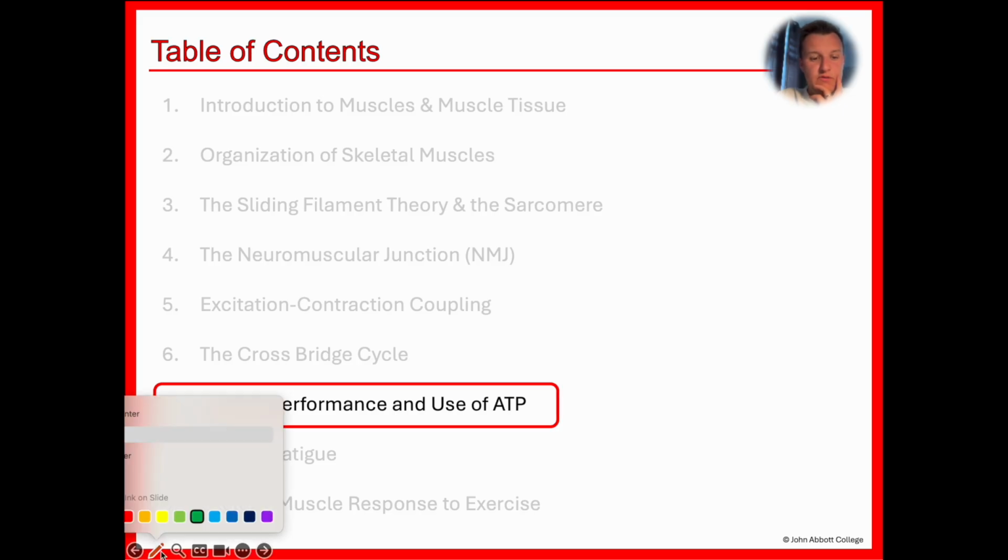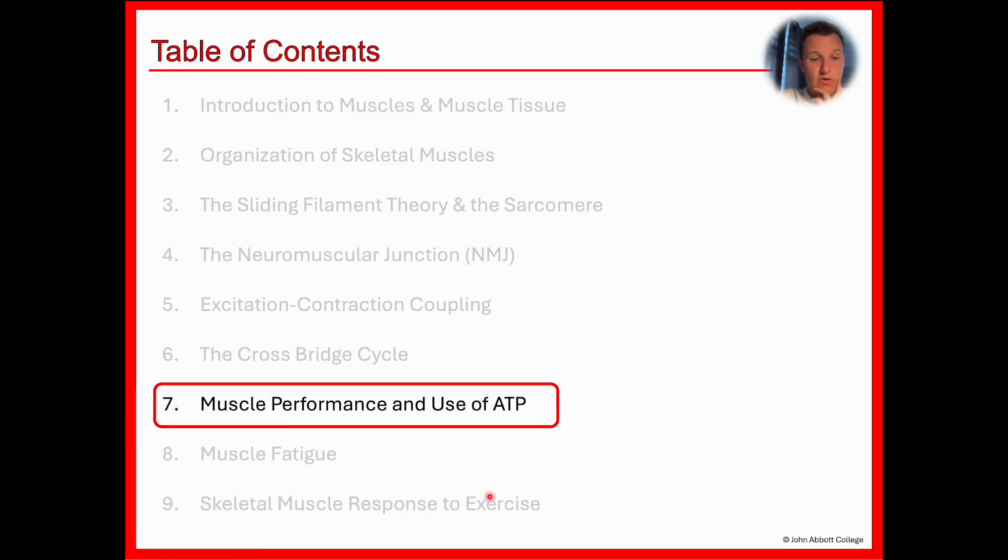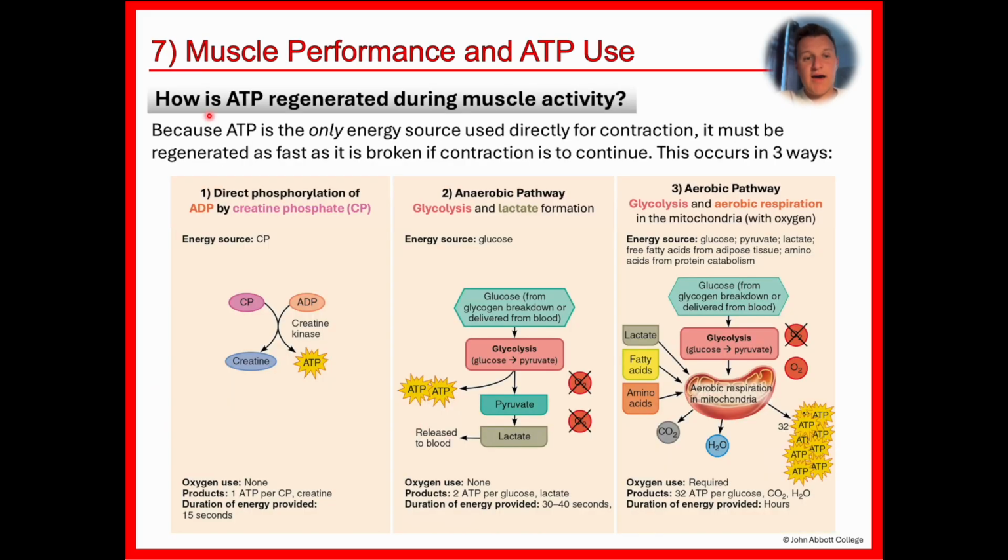Okay, so that was what we had for our cross bridge cycle. Now we talk about muscle performance and use of ATP. So now we're done with the main stuff. Now there's just tiny little topics to talk about. So muscle performance. How is ATP regenerated during muscle activity?